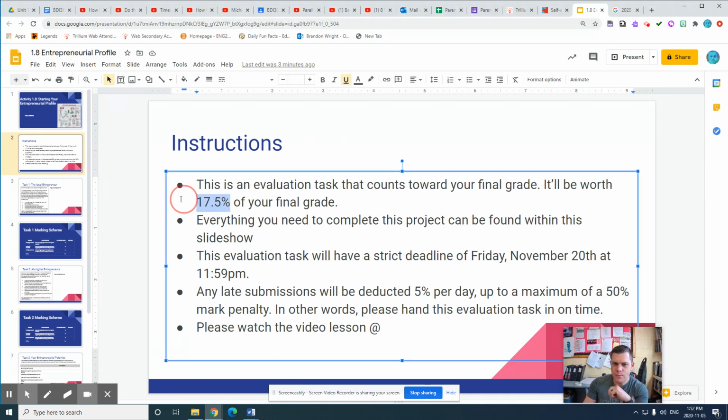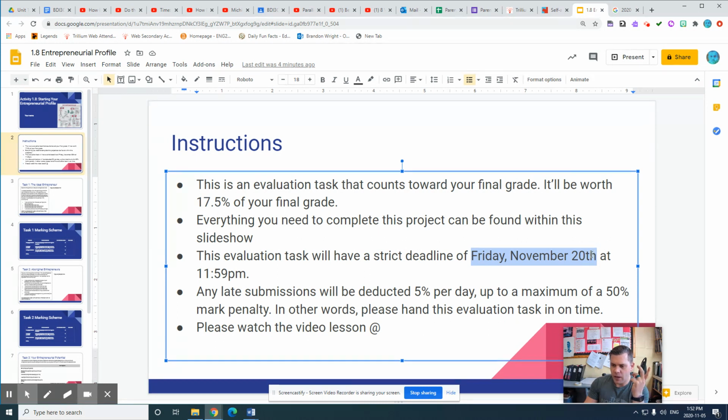It's worth 17.5% of your final grade, and everything that you need to complete this project can be found on that slideshow. There's a strict deadline of Friday, November 20th at just before midnight. You'll have time in class to work on this, and then time in the evenings and on a weekend to finish by the 20th.